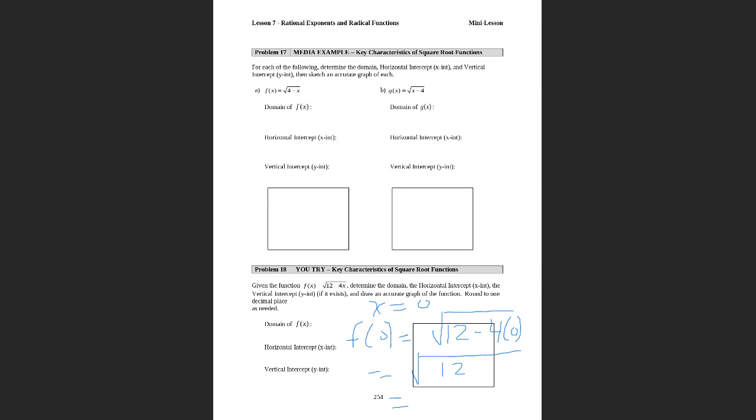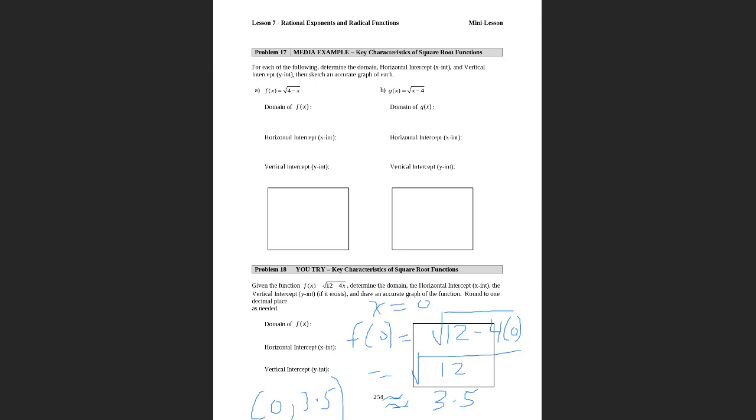If I'm going to round to one decimal place, I have approximately 3.5. So when x is 0, y is 3.5. That's it.